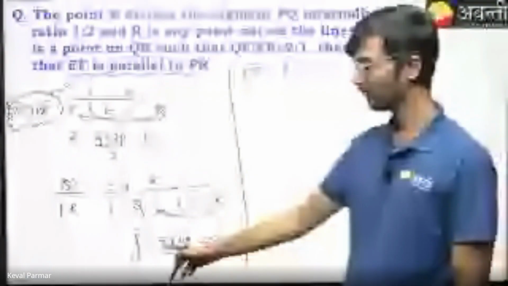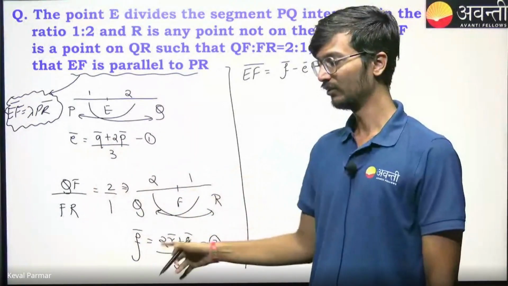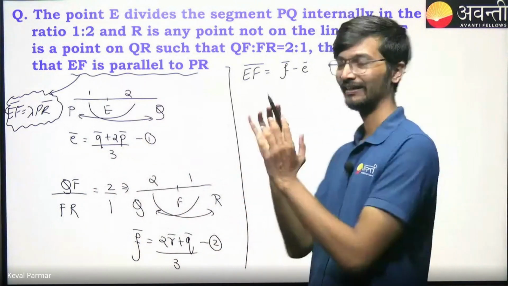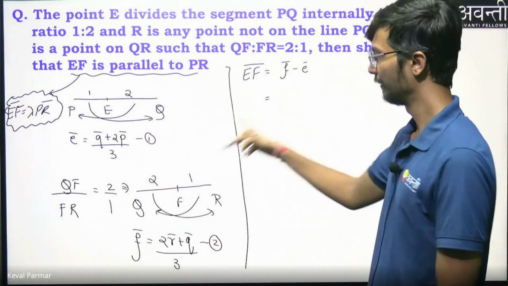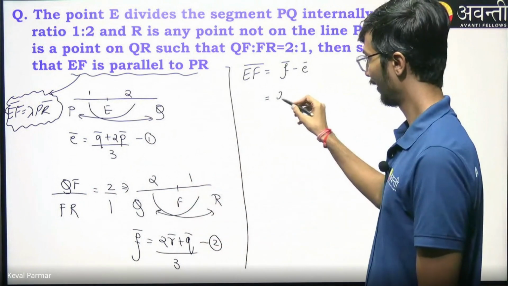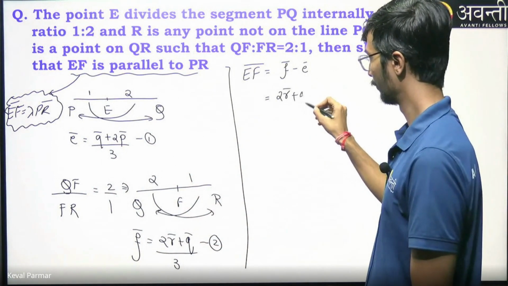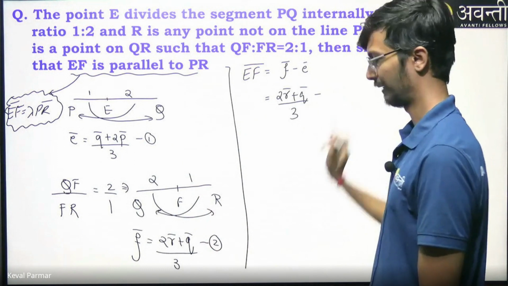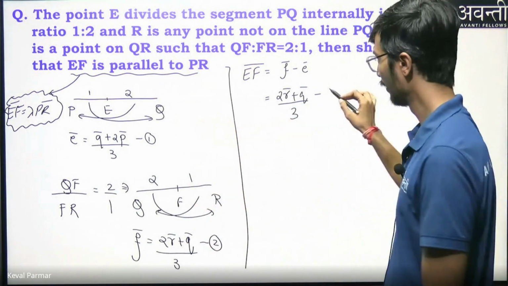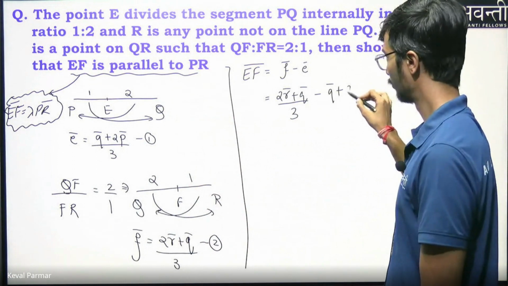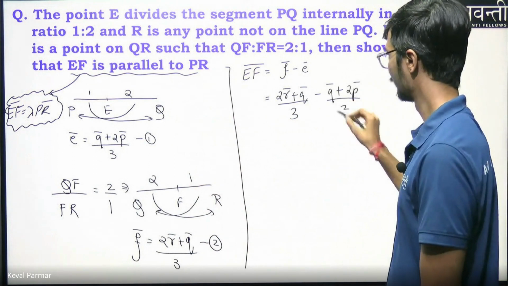Now see, we have results from 1 and 2. We can use results from 1 and 2 and write it here. What will be F bar? F bar will be 2R bar plus Q bar upon 3 minus, what will be E bar? E bar will be Q bar plus 2P bar upon 3.